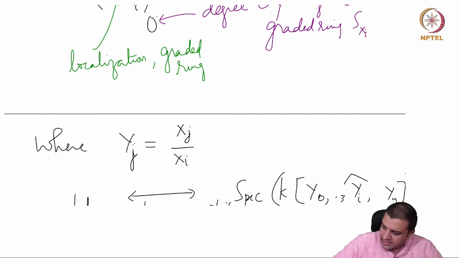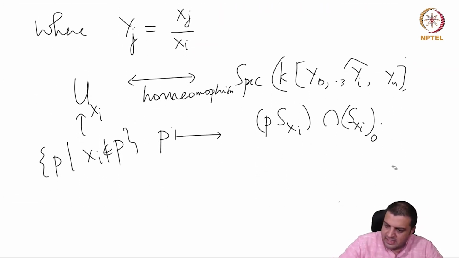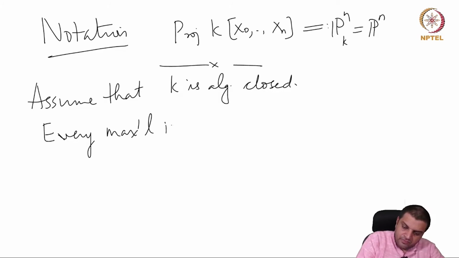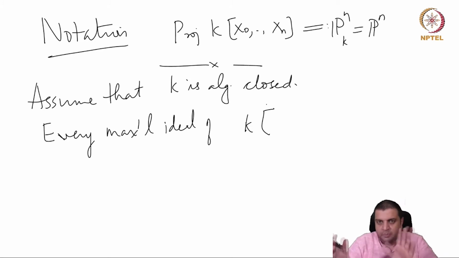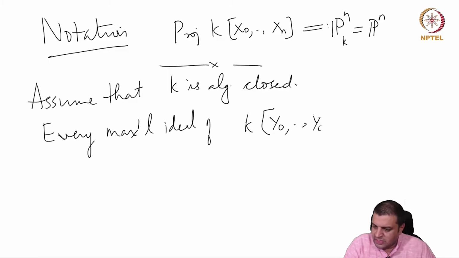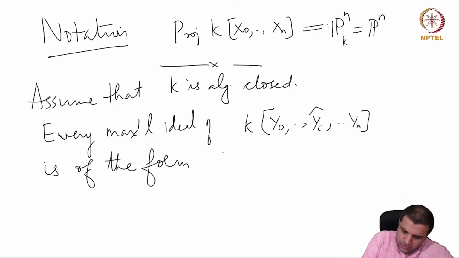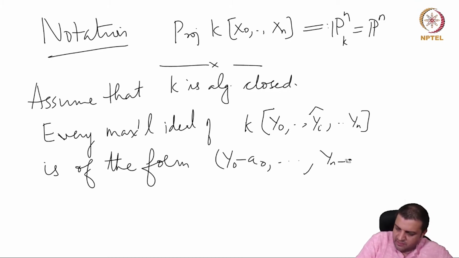Remember, the identification between these two rings is that yj is the ratio xj over xi. Then every maximal ideal of the ring corresponding to that open subset, y0 skip yi up to yn, is of the form y0 minus a0 up to yn minus an.